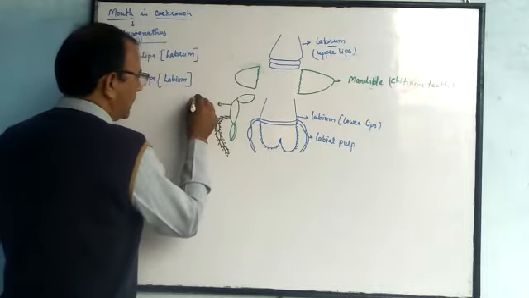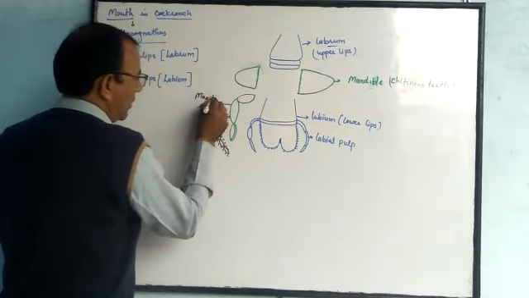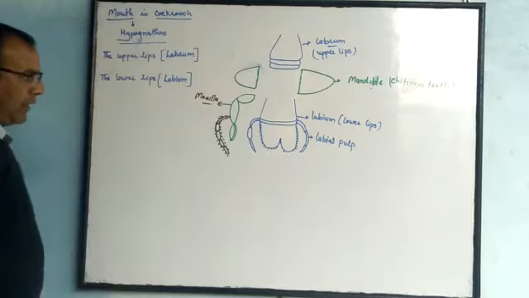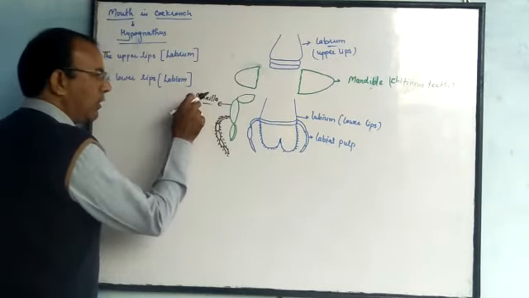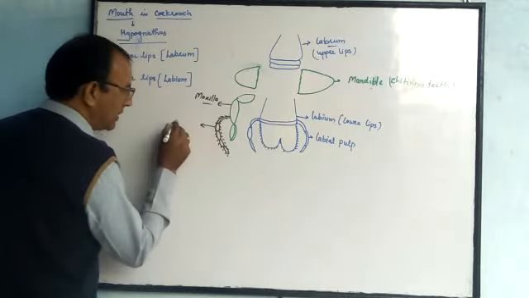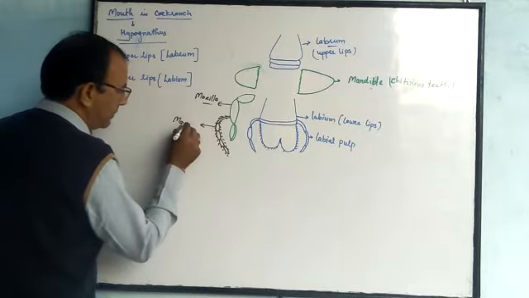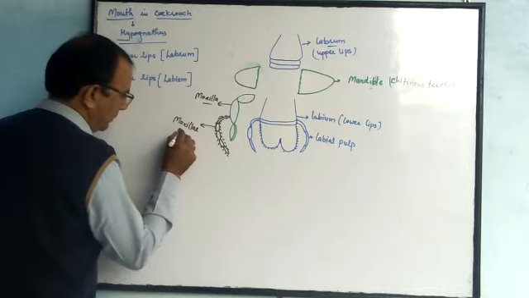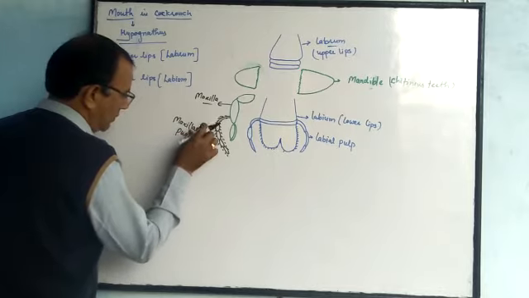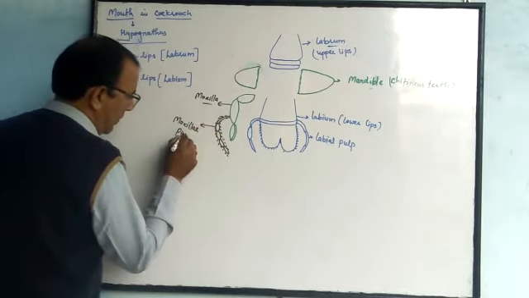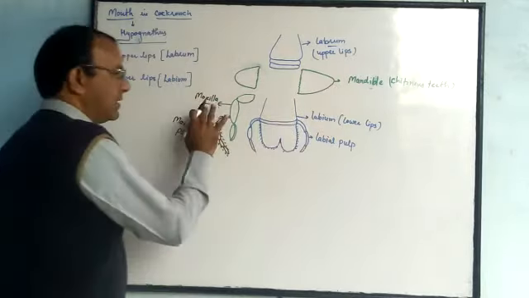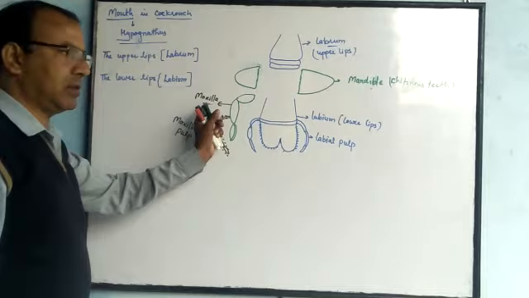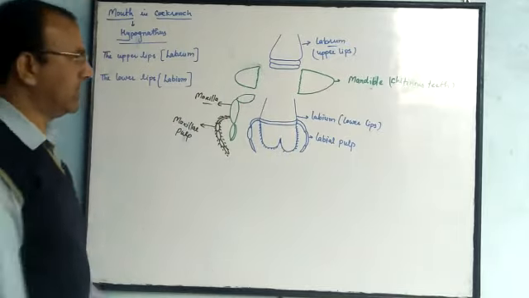These extended structures on the maxilla are known as maxillary palps. Maxillae are present in pairs, one towards the left and one towards the right.